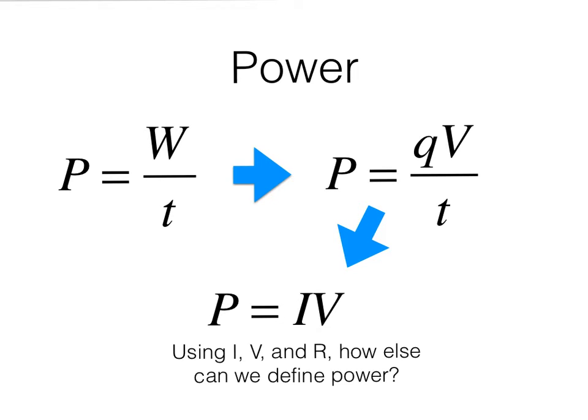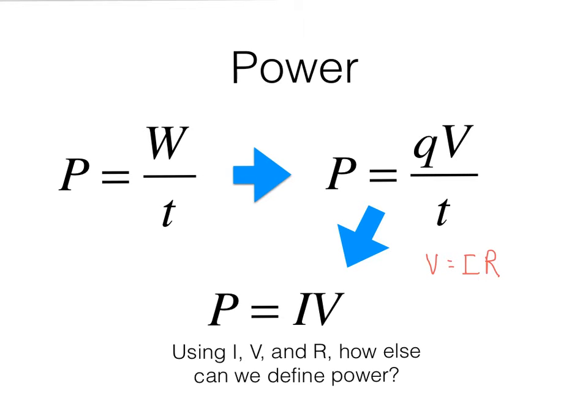Now, what I'd like to go over next is just how we can use I, V, and R so that we have power in different forms. Now, these are actually all given to you on your IB exam booklet, but I just want to make sure that you know where they're coming from. All right, so the first one that we're going to do is, well, we know, for example, that V equals IR.